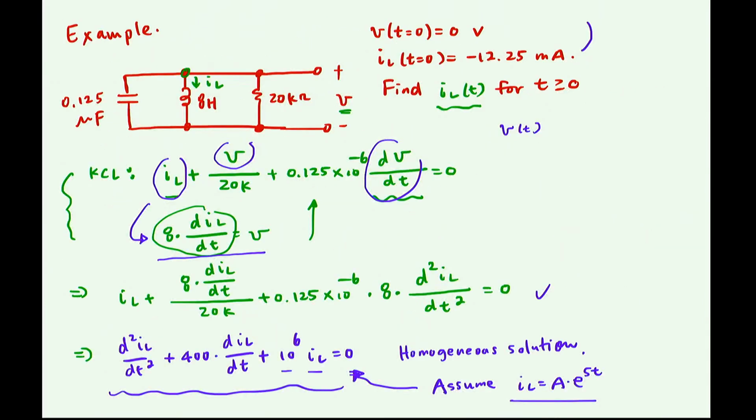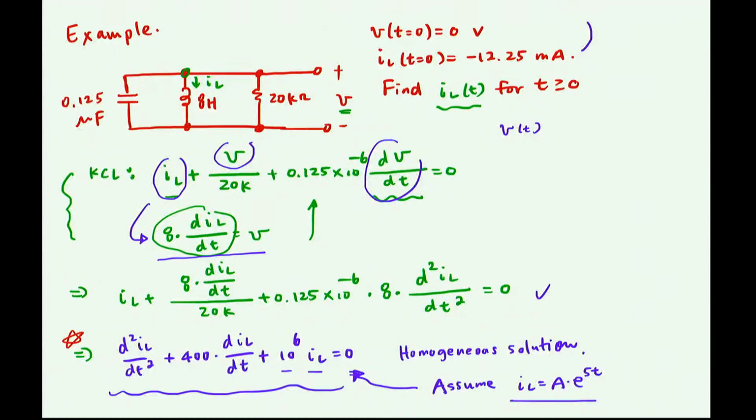Okay, so again, the first step, important part, is to write the second order differential equation that describes the circuit, and then from that, we will need to look for a general particular solution and homogeneous solution. In this case, particular solution is equal to 0, so we only look for homogeneous solution.